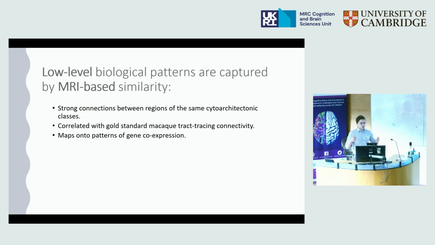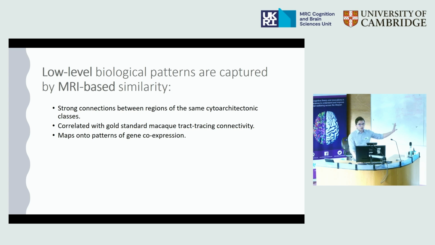So structurally similar regions are more likely to be literally axonally connected in general. And also, what I find very interesting is that regions that are structurally similar also have similar patterns of gene expression. Using the Allen Brain Atlas, the gene expression profiles of regions that are similar are much more alike.